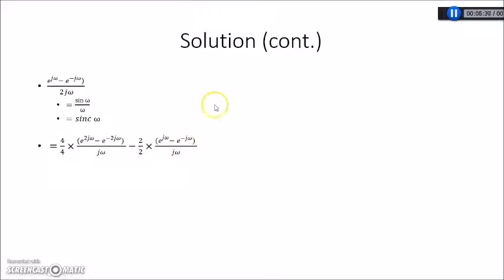Once we rearrange it, we will get into this form, as you can see here.